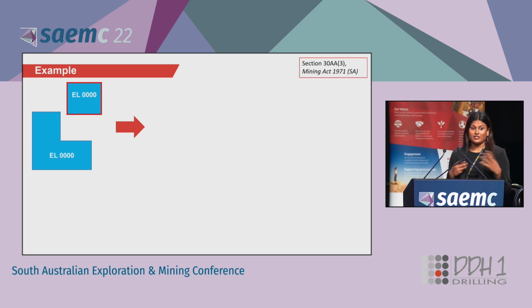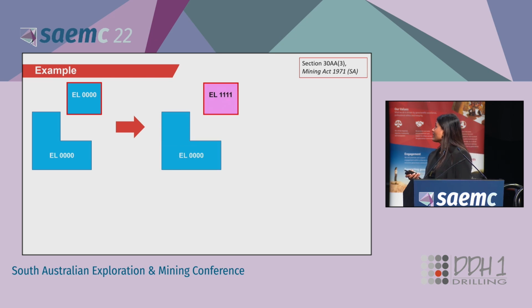You might have a buyer for that, and that's going to be your designated party. That designated party can then, once you come to an agreement with them, apply for a new ELA over that area exclusively. So you don't have to just relinquish that ground and have it go to anyone, it can go to this designated party.